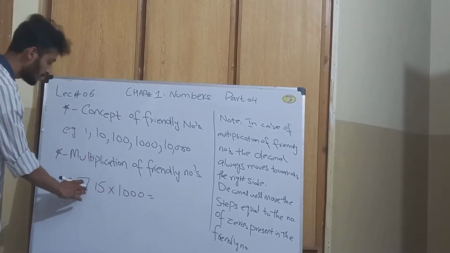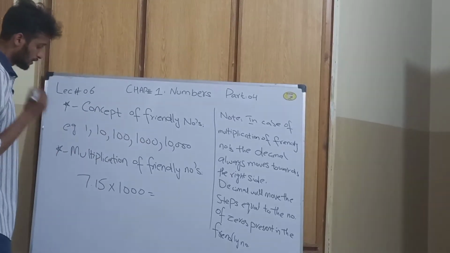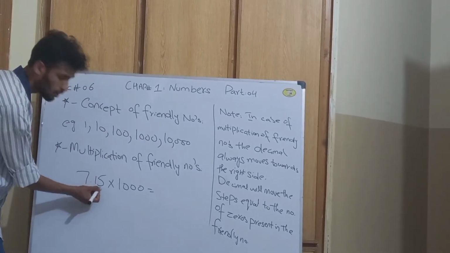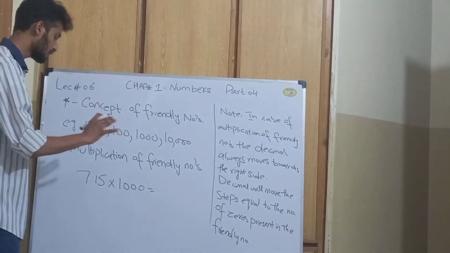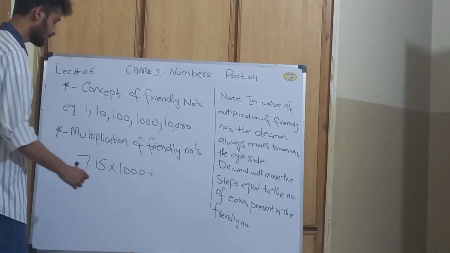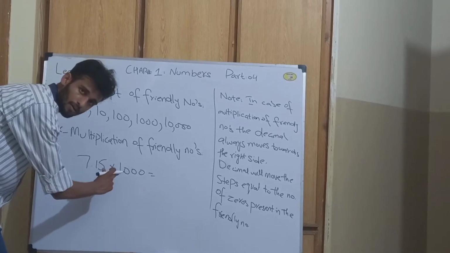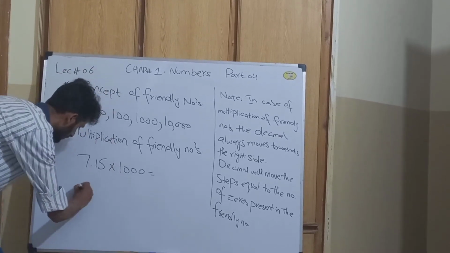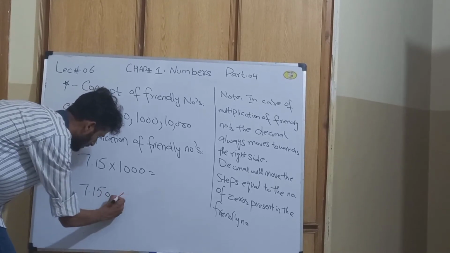So the decimal will move 3 steps forward towards the right side. But here we only have 2 digits after the decimal, 1 and 5. We have to include one more digit, and that digit will be 0. Always remember to add another 0. For example, 7.150 multiplied by 1000.